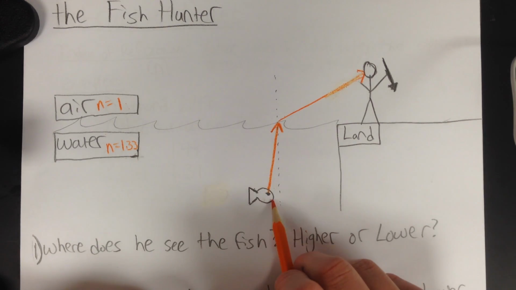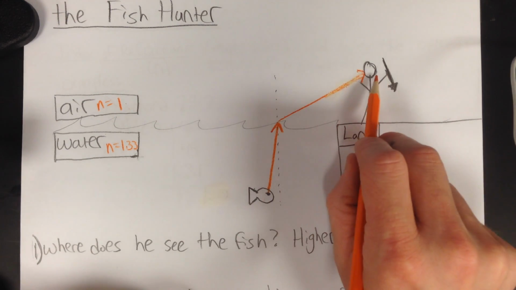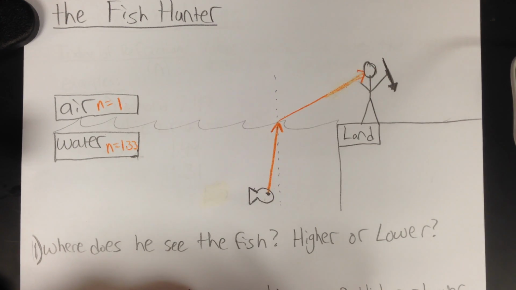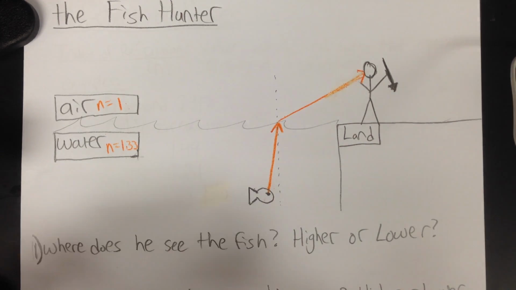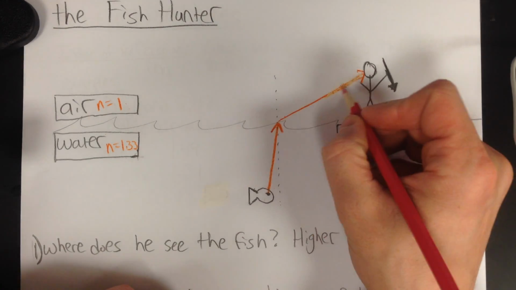So this light from the fish down here actually bends to the right a little bit for him to see it because it's going from water into air. But his eye is pretty stupid, and his brain always thinks that light travels in a straight line, just like when we talked about mirrors. Our brain always believes that light doesn't bend, that it travels straight.